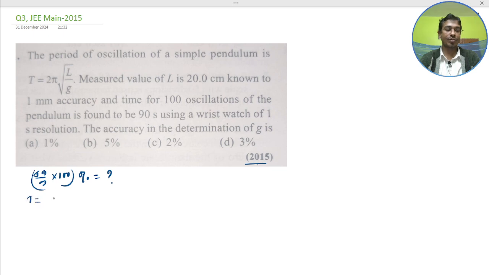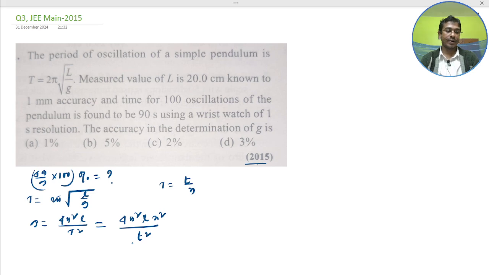So you just know this formula, T equal to 2 pi root over L by g. So here g would become 4 pi square L divided by T square, and T is t by N. Just put this value: 4 pi square L N square divided by t square. Now you have to find del g divided by g into 100.